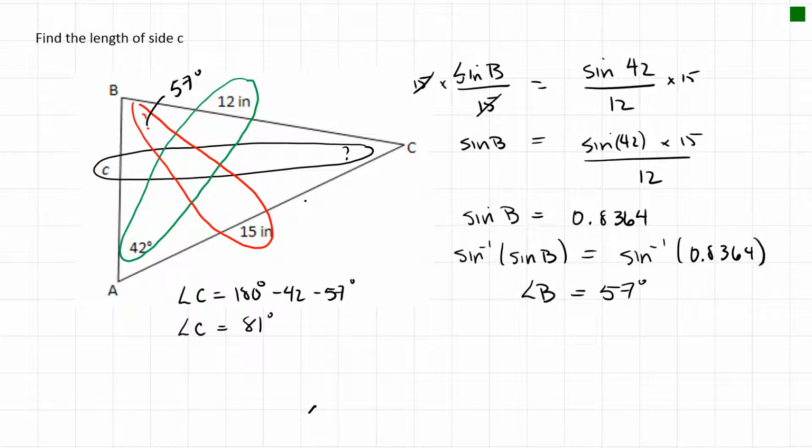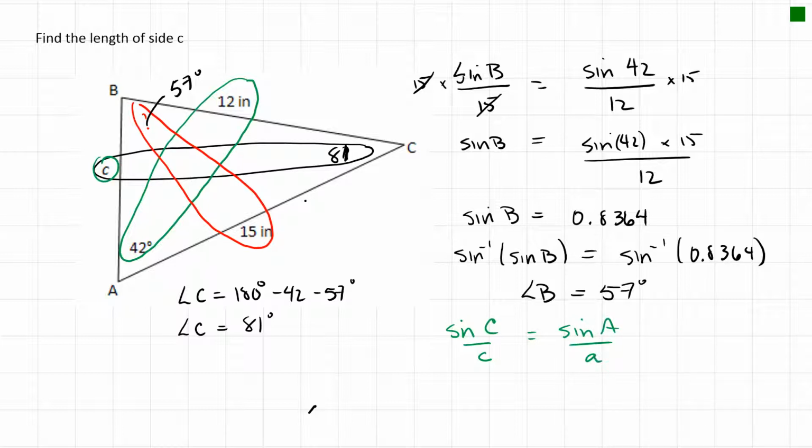So now we know that angle C is 81 degrees, and we can use the sine law again to calculate little c. So going one more step, sine of C over little c equals the sine of A over little a.